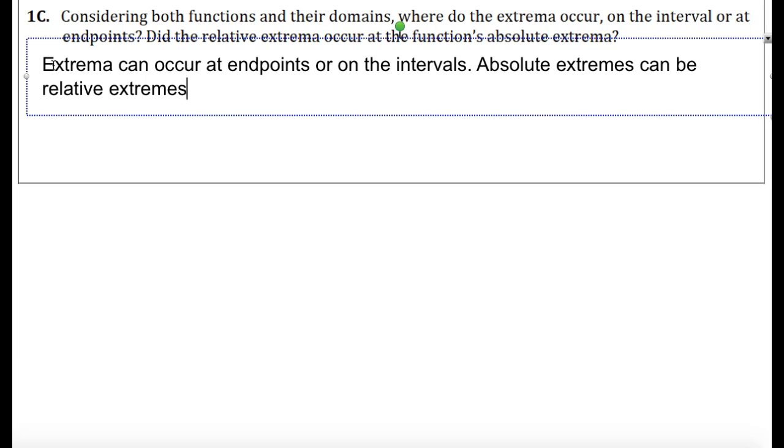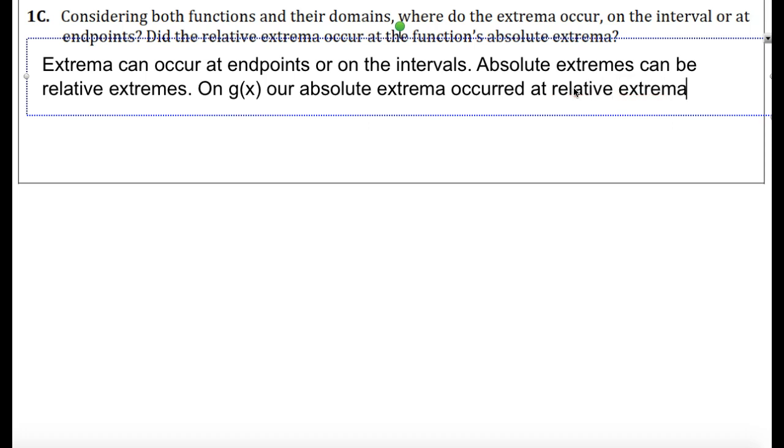So if we look at that last function, g of x, our absolute extrema occurred at relative extrema.